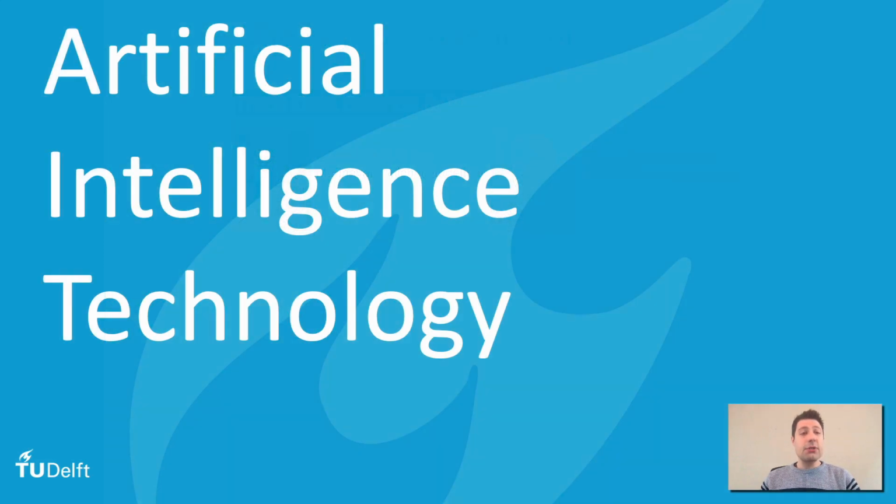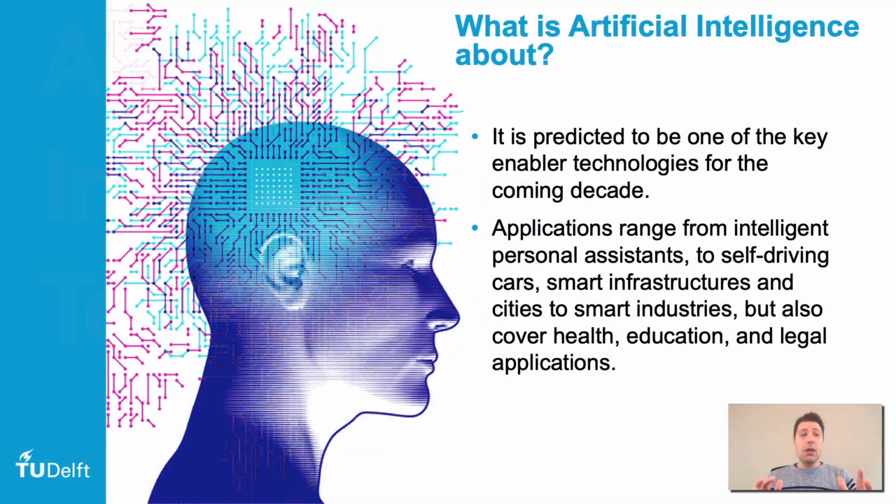And finally, the third track, artificial intelligence and technology. And as we know and we hear everywhere about it, AI is changing the way society works as well, right? Problems that we never thought we could solve, we now can solve by leveraging artificial intelligence techniques.